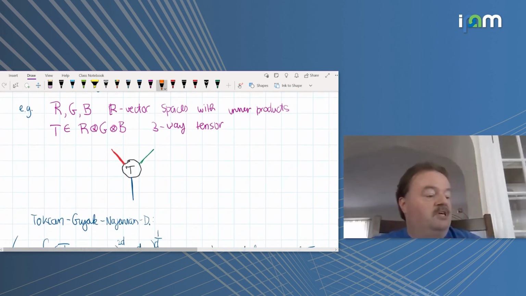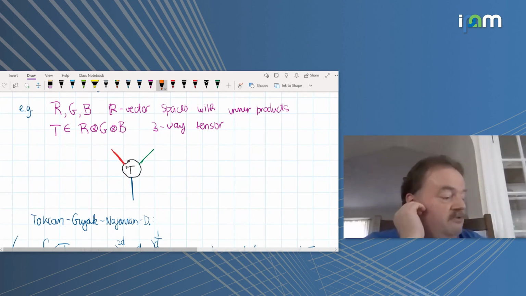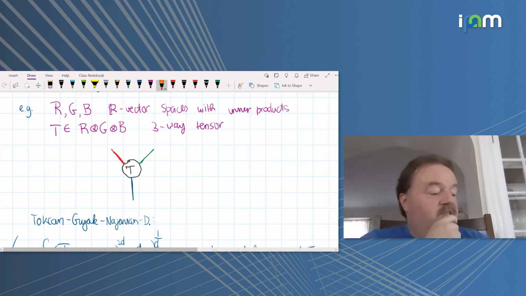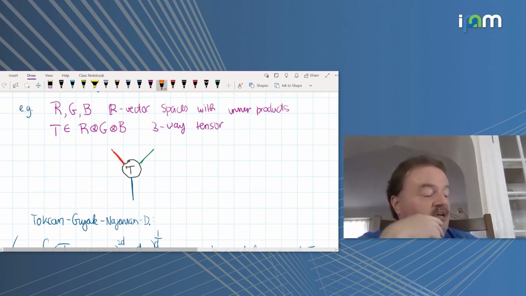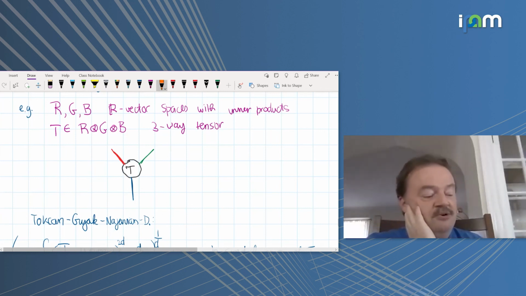So now I'll maybe just say one application. This is something that we've looked at. If you take a tensor product of three vector spaces, let's call them R, G, and B, which correspond to the colors red, green, and blue, and you have a tensor, and let's say we have an inner product on these spaces, so we work with the orthogonal group rather than with GL, the general linear group.